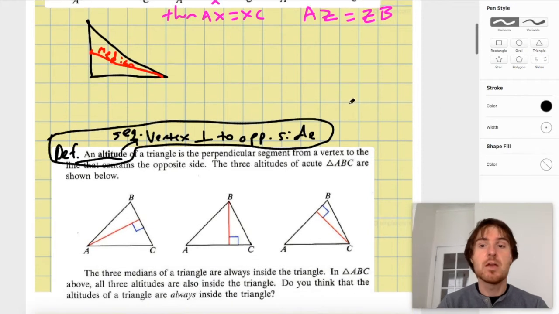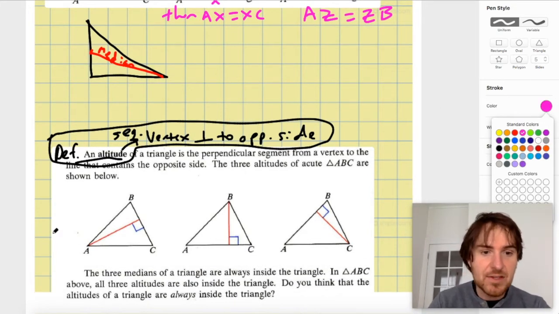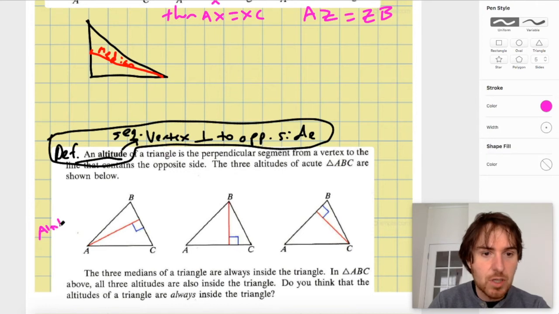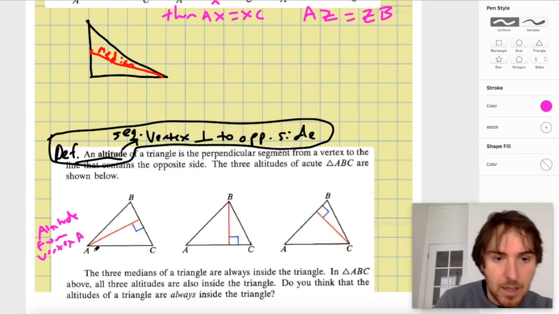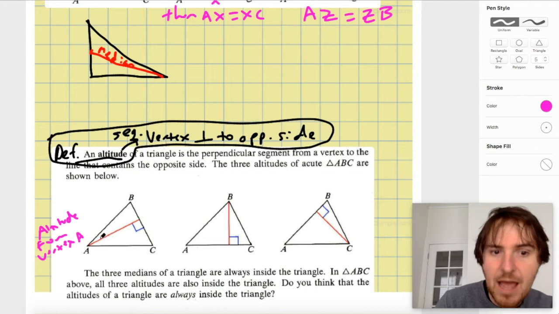So here we have an altitude right here, from vertex A. I need to draw it in such a way: if I drew it here, this would be acute this way and obtuse over there, and I wouldn't have that.